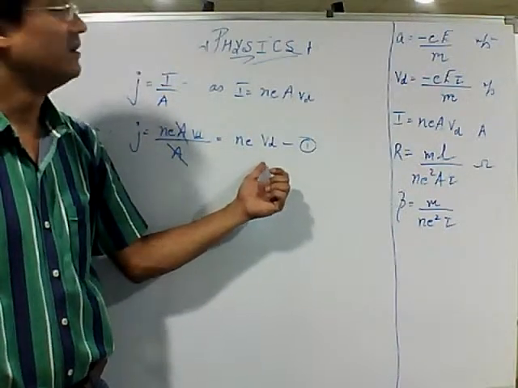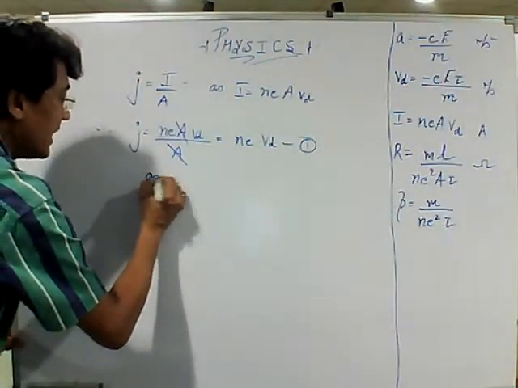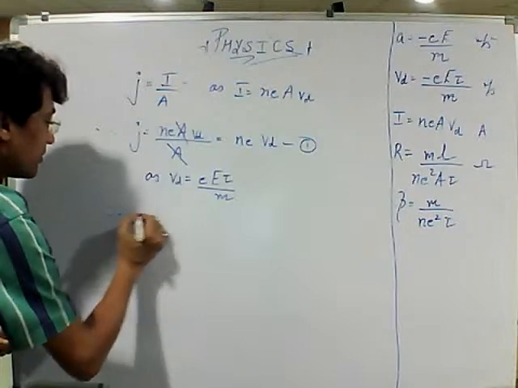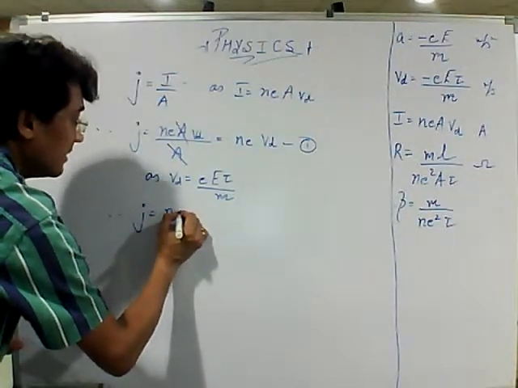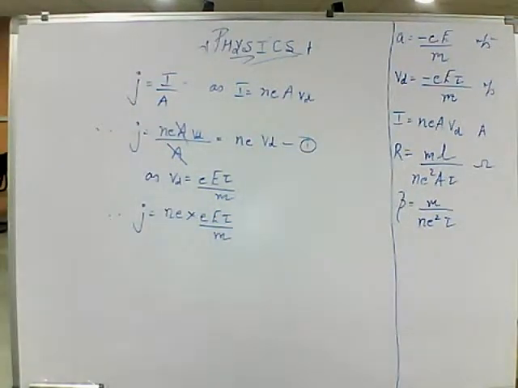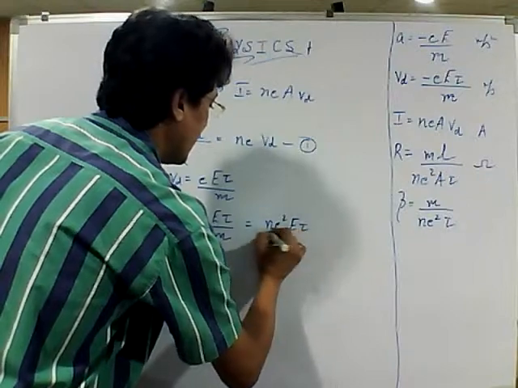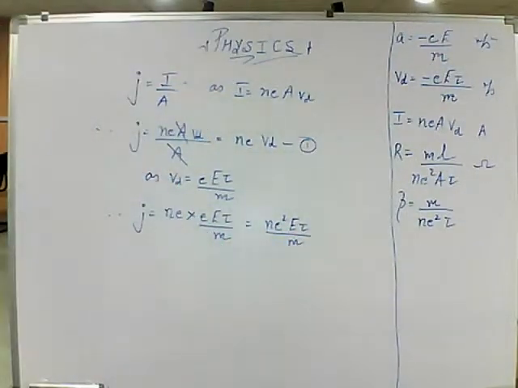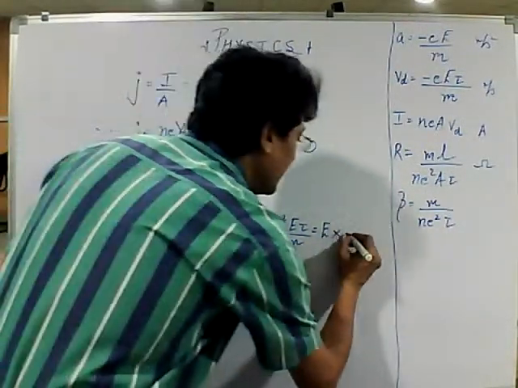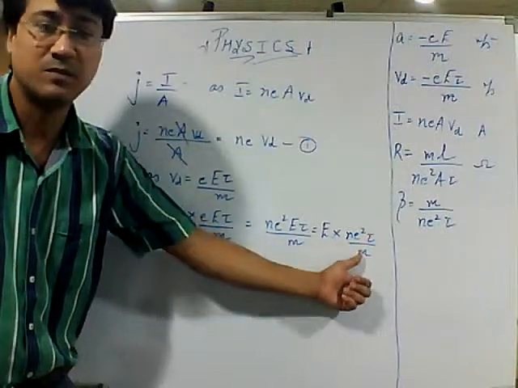Drift velocity v_d is e tau by m, times E. So I can have current density J as n e multiplied by e tau by m times E. So I'll have n e square tau by m multiplied by E.